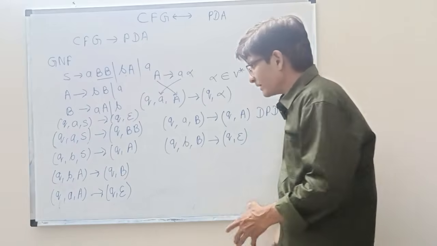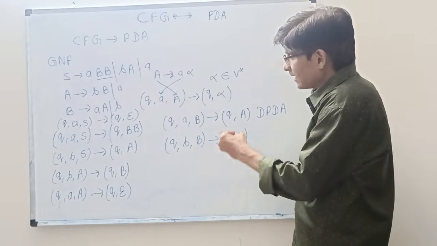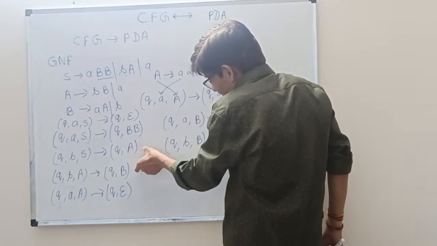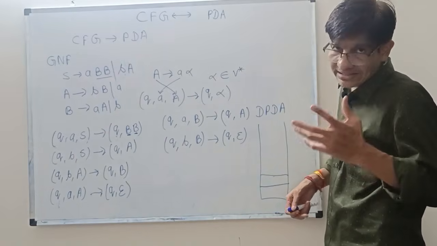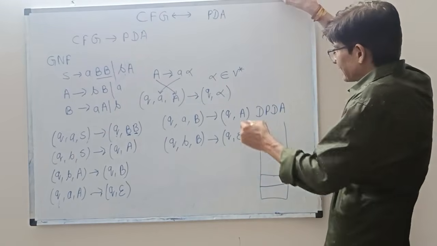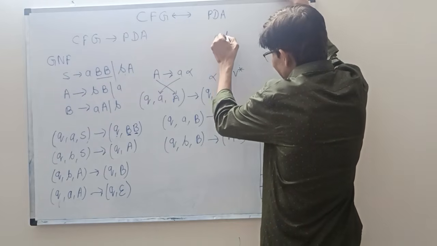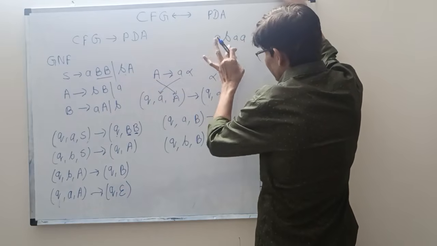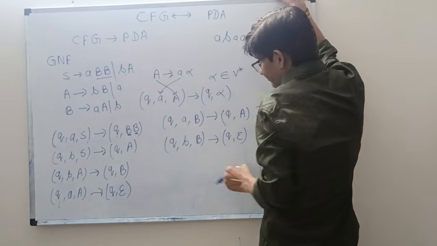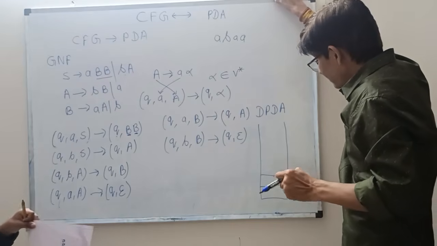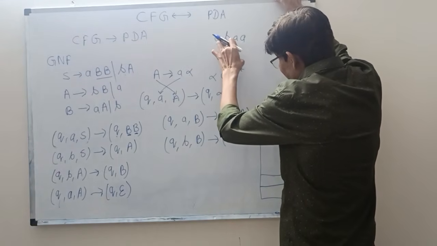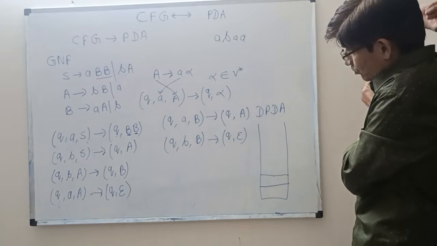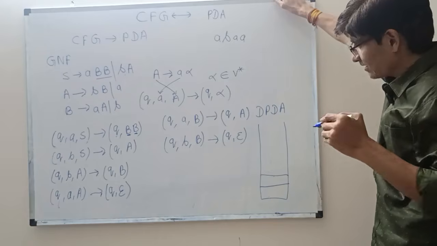Now I will tell you how to accept any string generated from this grammar by this PDA. Friends, I will take one example string here: A, B, A. This string is valid; it is generated by this grammar. Let's see how this particular string will be accepted by this PDA. Now I will tell you how this process is done.